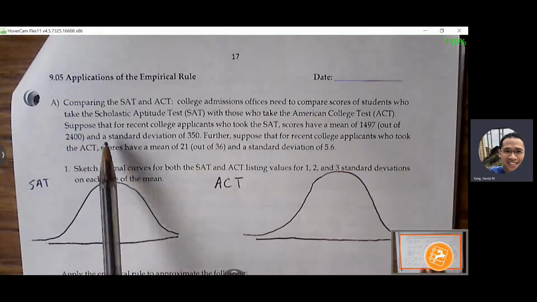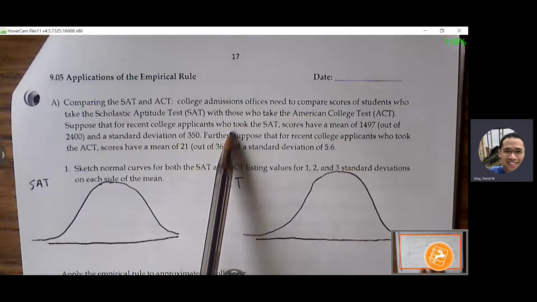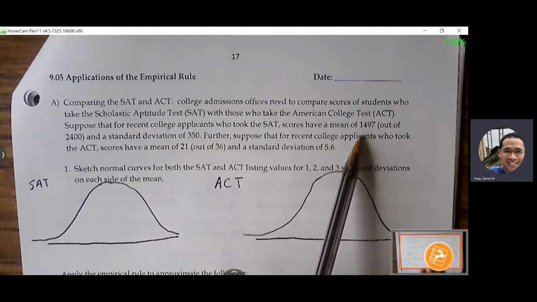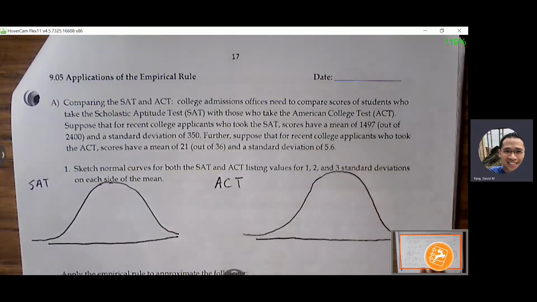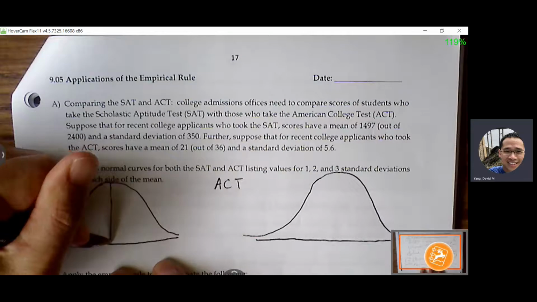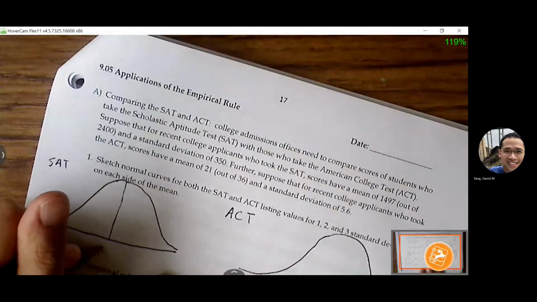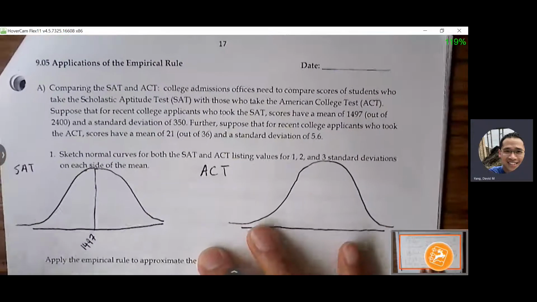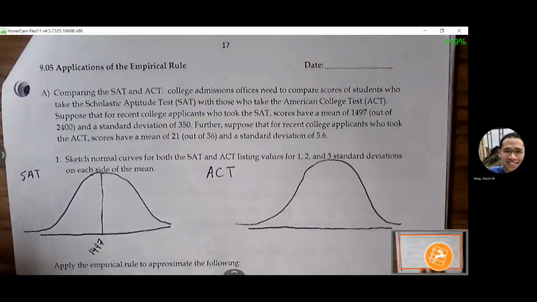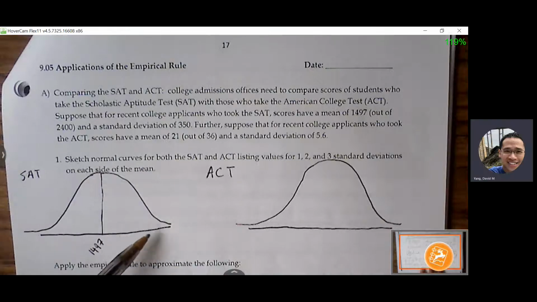Okay, so suppose that for recent college applicants who took the SAT, scores have a mean of 1497. So we know that for the SAT, we can have that middle line. That's our mean. And a standard deviation of 350. So every increment will either add or subtract 350.